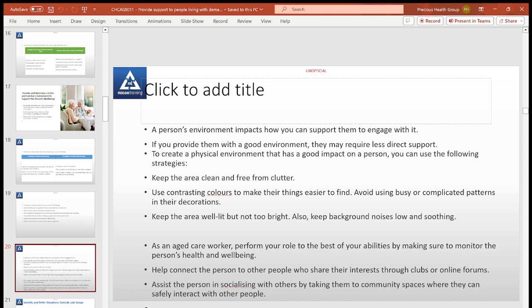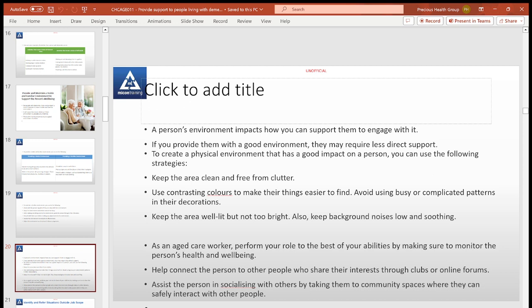As an aged care worker, perform your role to the best of your abilities by making sure to monitor the person's health and well-being. Help connect the person to other people who share their interests through a club or online forum.